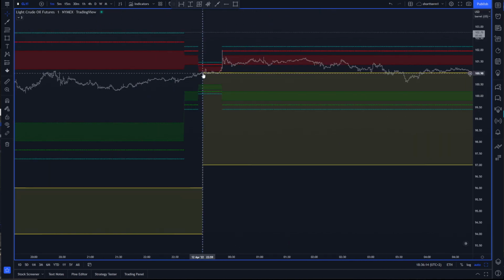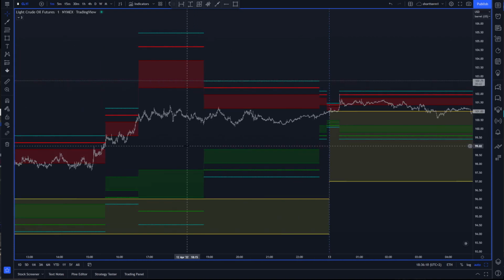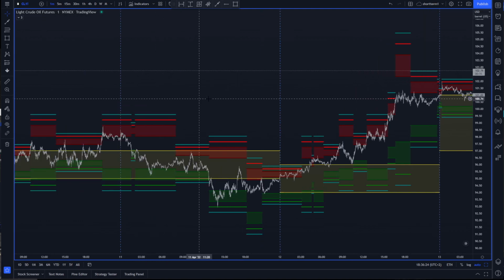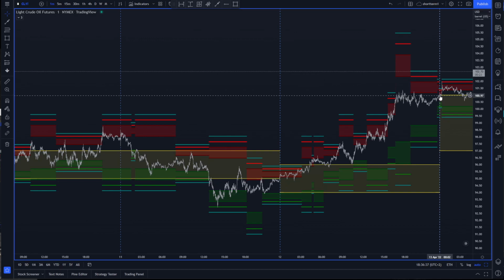You see, it's almost to the tick at the value. And at this point, I'm not trading this. This is something that I'm not going to trade. I want to see price close either outside or inside. So that's a good example of a day where I'm not going to trade.